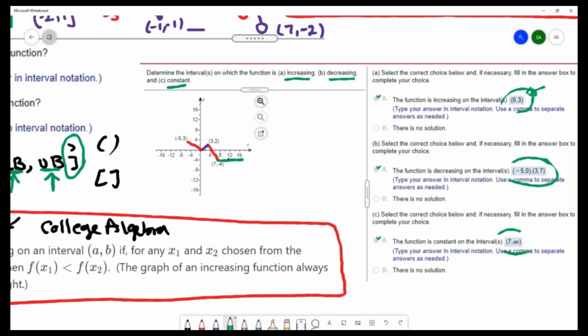So we're able to identify the decreasing, the increasing, and the constant, but we've got to be able to write the answer down the way that we're being asked over here. So the function is increasing on the interval. We're going to use interval notation separated by commas.